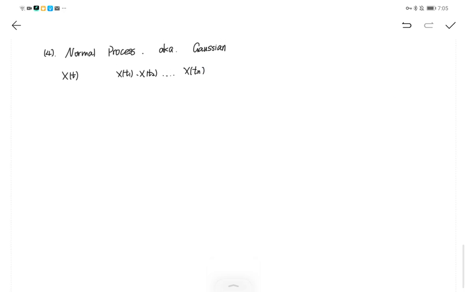So the joint density function of these random variables is like this.